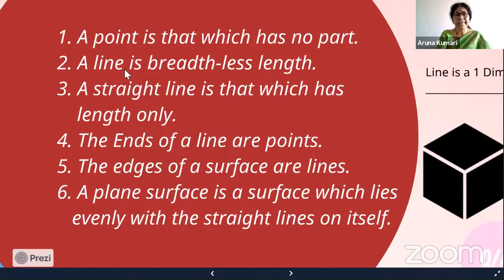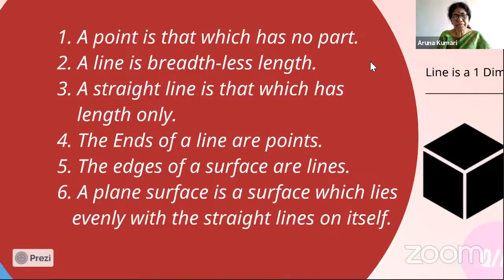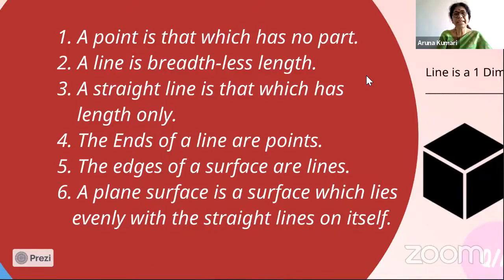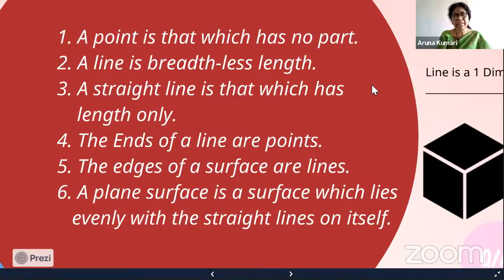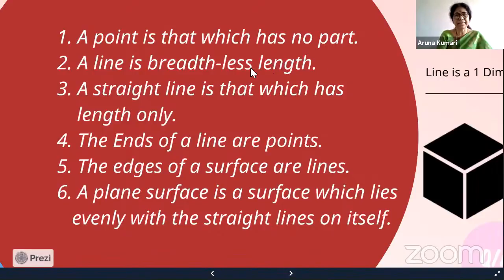Okay. A line is breadthless length. You know line. You may draw lines in your books. If you are writing in a single ruled book, unruled, double ruled, there you see lines. What is the meaning of line? Whenever you draw a line or see a line in your book, it has only length. But there is no breadth.